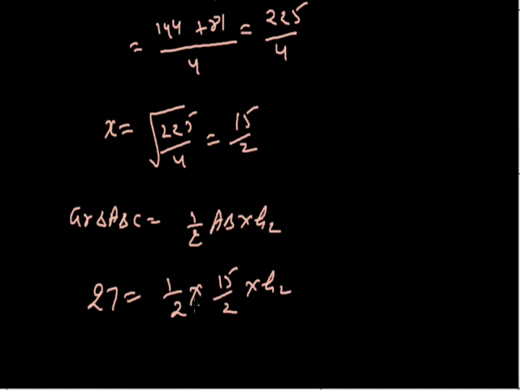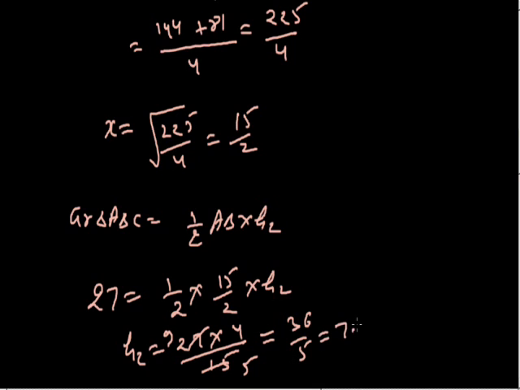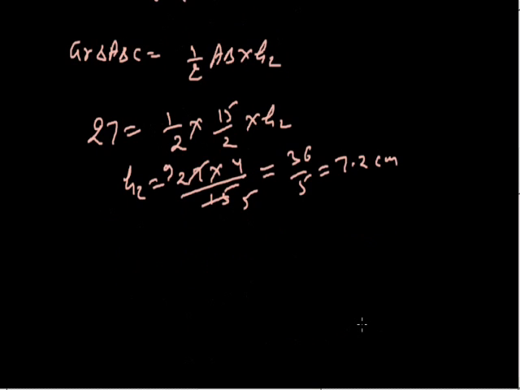Now h2 is equal to 27 into 4 by 15. Now we cancel 27 by 3 and 15 by 3. It comes to be 9 and 5. 9 into 4, that is 36 by 5, which comes to be 7.2 centimeter. So according to this, option 2 is correct.